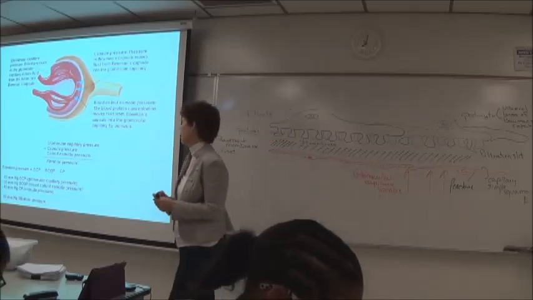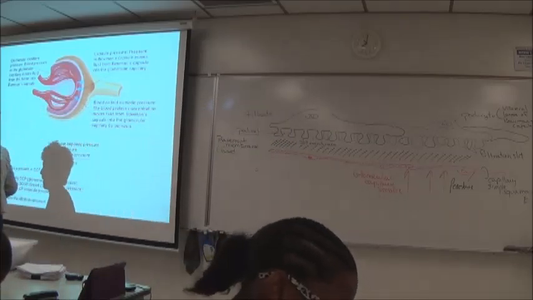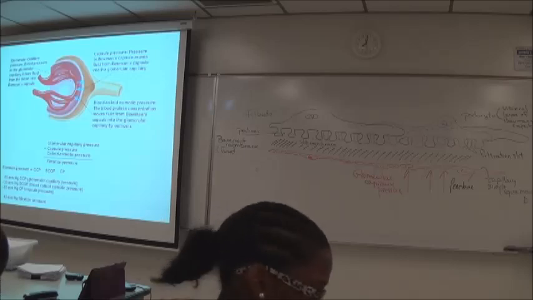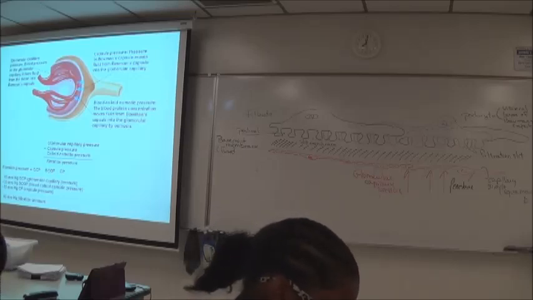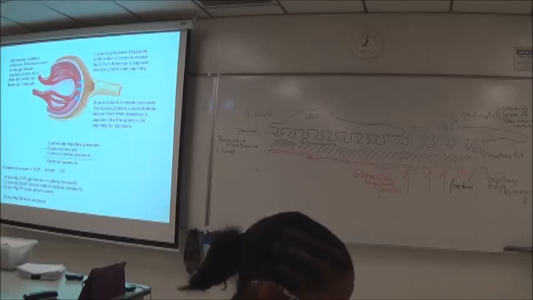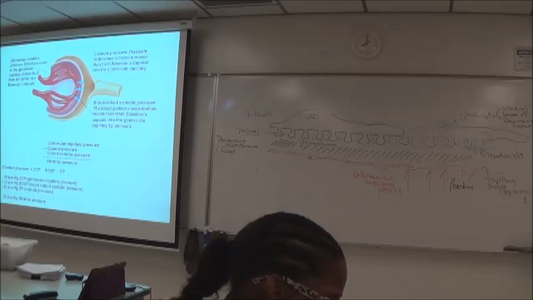And this is going to, of course, be affected by systemic blood pressure. So if someone has high blood pressure, they're going to have higher glomerular capillary pressure. If they have low blood pressure, low blood volume, they're dehydrated, trapped and haven't had water for a few days, they're going to have low blood volume and low glomerular capillary pressure.